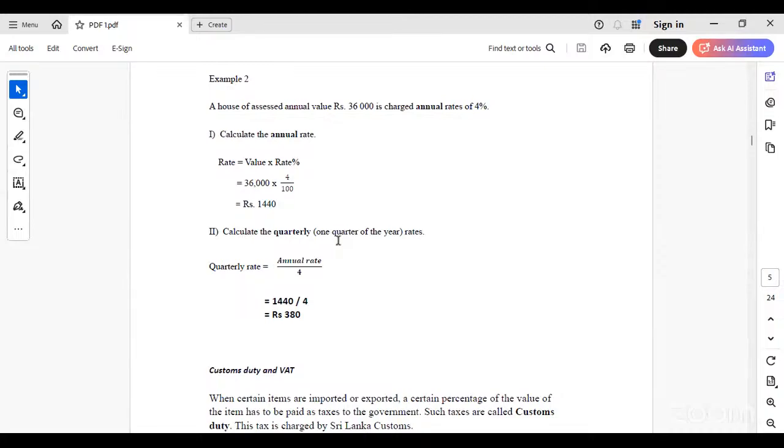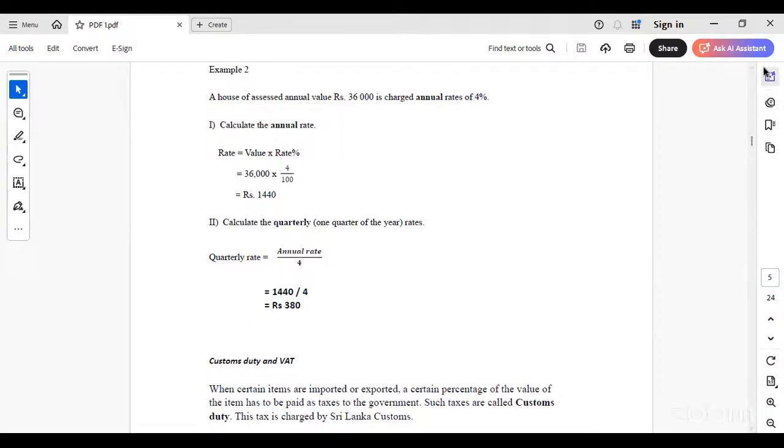You have to divide the annual rate by 4 to get the quarterly rate. Now in the first question here, you found 1,440 rupees as the annual rate, but they asked for the quarterly rate in the second question. So you have to divide this by 4 to get the quarterly rate. Why? Because a quarter is 1/4 of the year. I hope you can understand that as well.